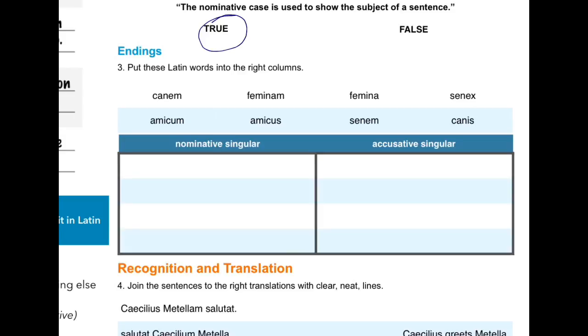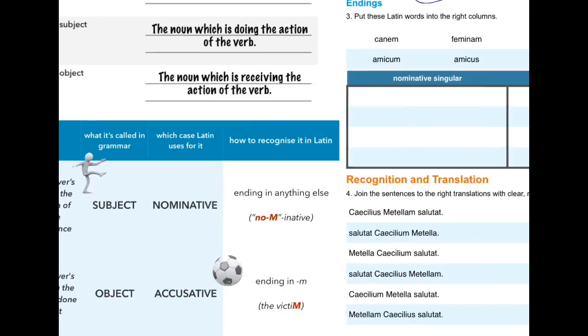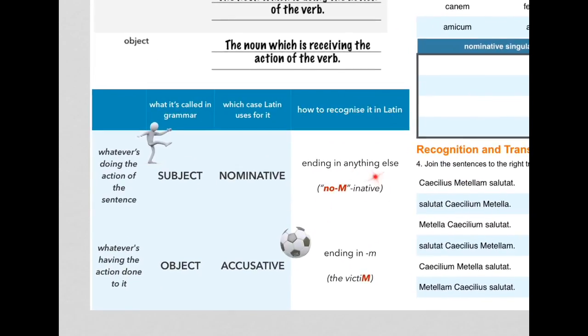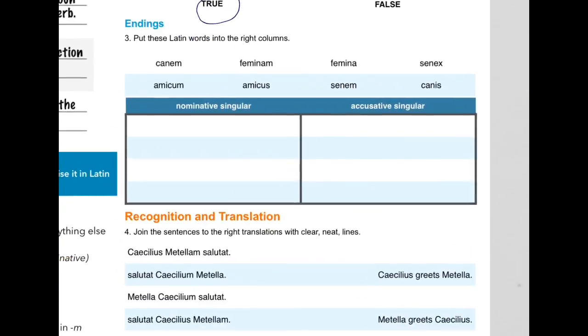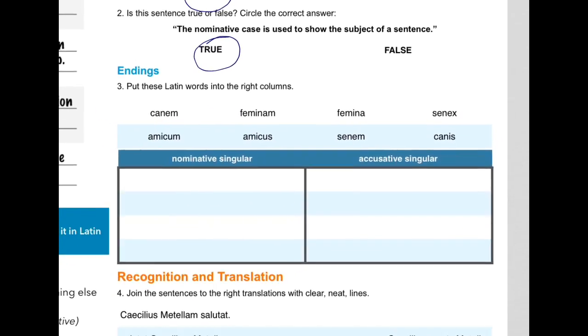We've got to work out which ones of these nouns are nominative and which ones are accusative. Now, you may remember over here we've got a nice rule that the accusative has an M on the end and the nominative doesn't, no M. So now this is, I hope, really straightforward. We look for the ones with M on the end, there's one, there's one, there's one, and there's one, and we write those in the accusative column because they've got the M on the end.